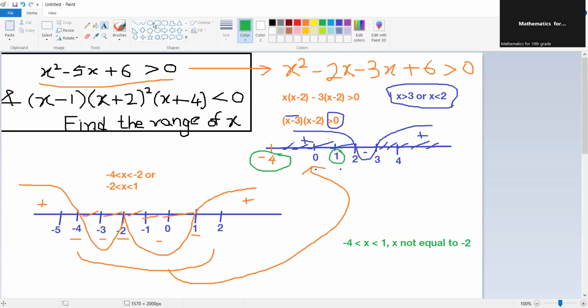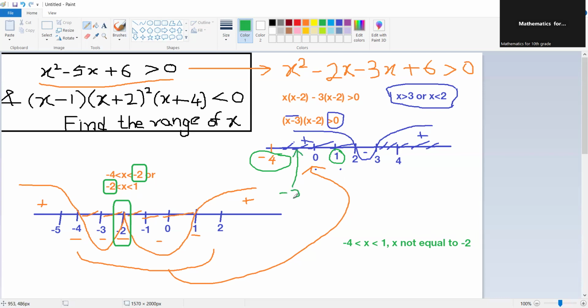So this one here, this was not included, neither here nor there. So -2 has to be excluded. So here somewhere, it comes somewhere here, the -2. It comes somewhere close to -4.